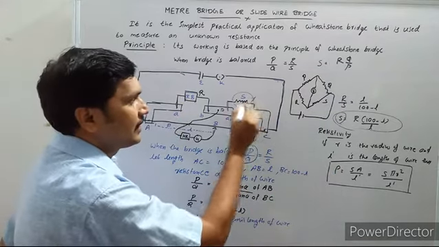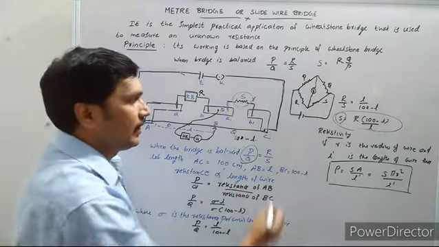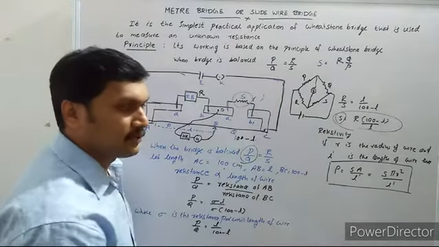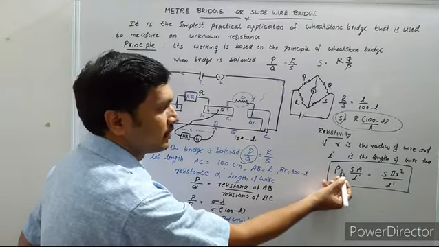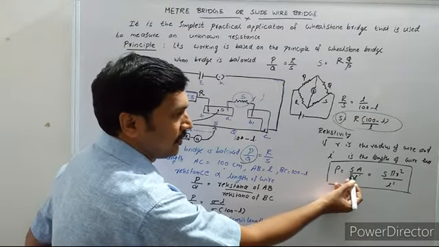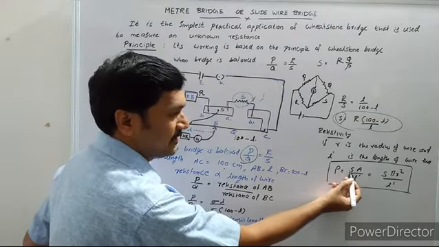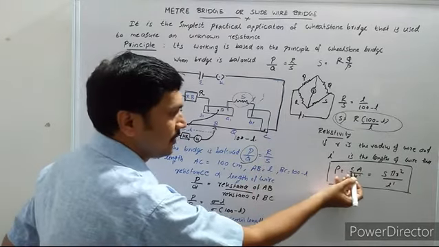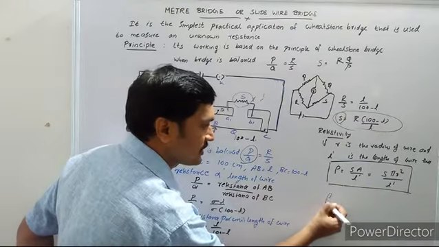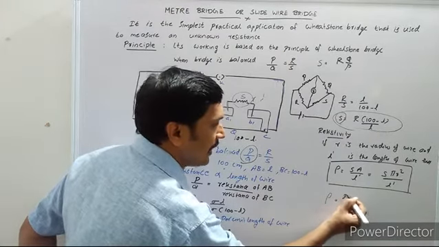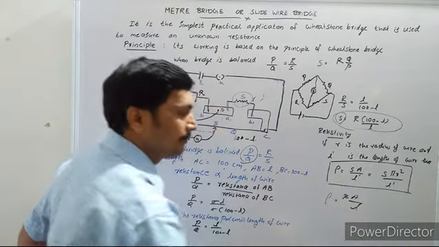We can write the expression for the resistivity as rho is equal to RA by L.